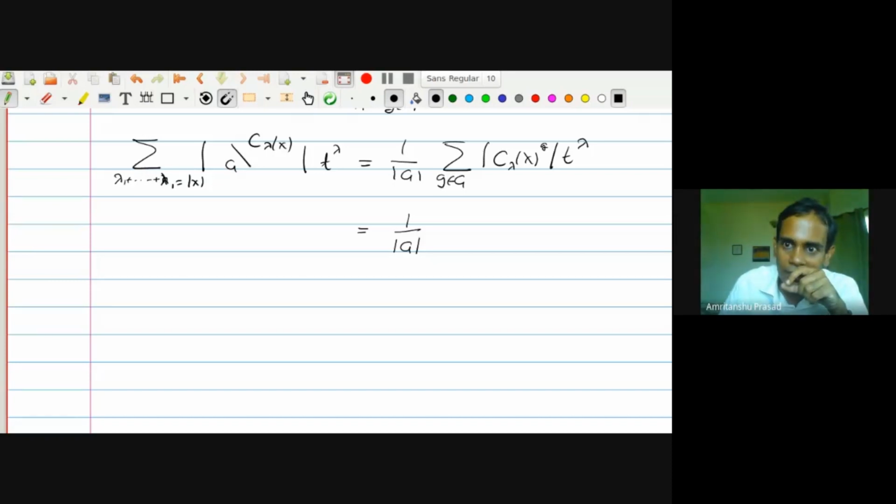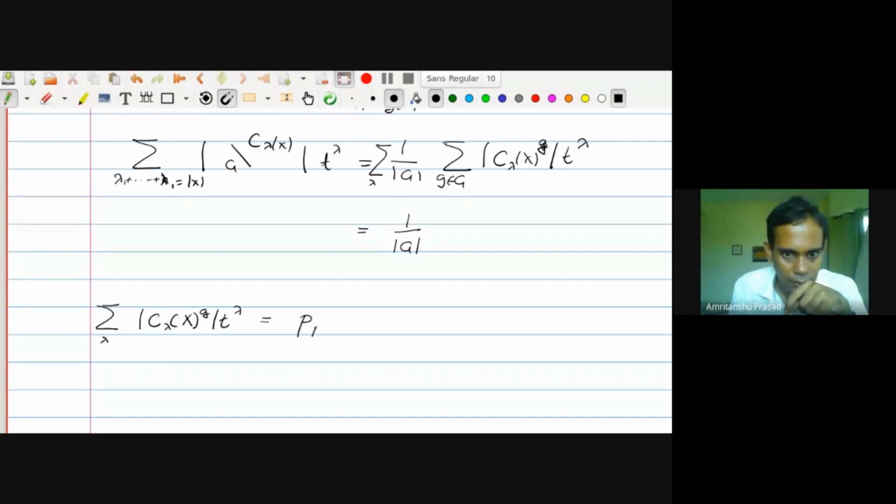Let me just see how to say this. So I want to say that the sum over lambda of C lambda x g, t raised to lambda, is also equal to P mu G of T1.